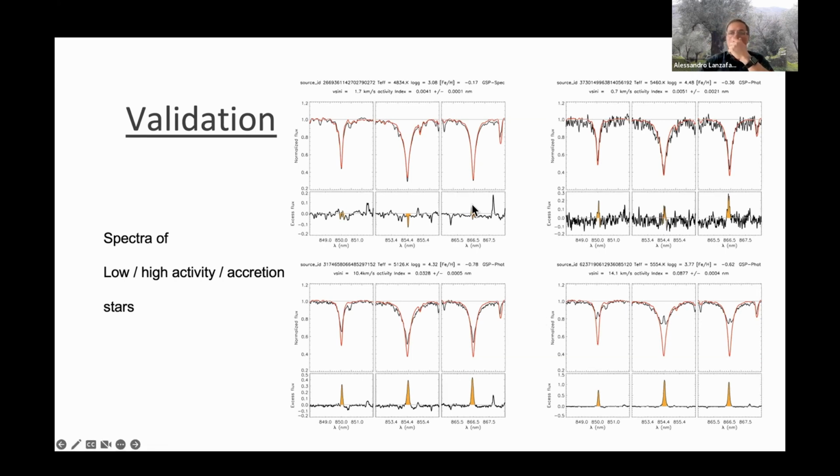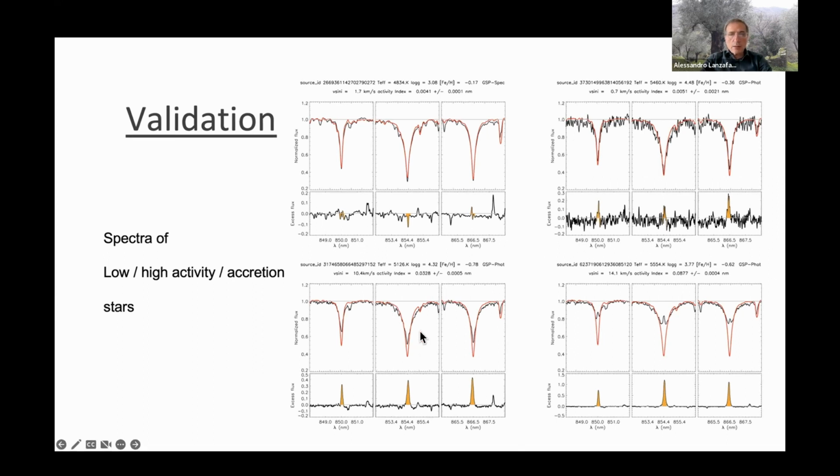In the upper two panels, we have a relatively low level of activity, and this is how the comparison between theoretical and observed spectra looks like, and the ratio spectrum minus 1 is below, and in yellow here you have the area that has been considered for the integration, and therefore the activity index provided in the table.